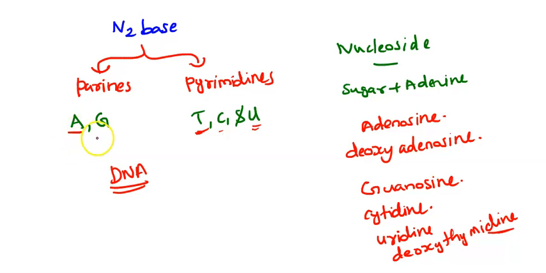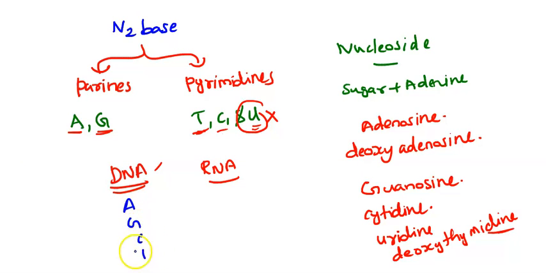We can see adenine, we can also see guanine, then we can see thymine and cytosine. But uracil is absent in DNA, right? But if you are taking RNA, instead of thymine, uracil will be present. Let me write for better understanding. In DNA, you can see adenine, guanine, cytosine, and thymine.